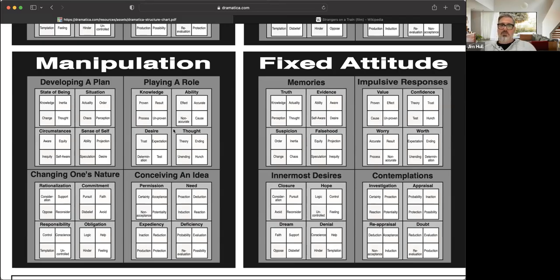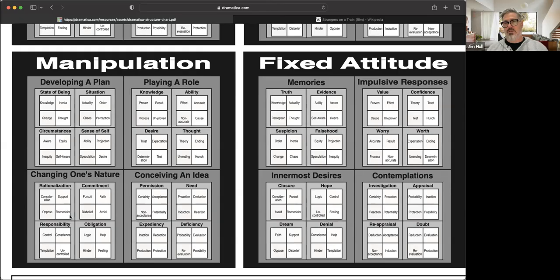How about for those who liked playing a role or being as the objective story? How do you see that as being what is going on, as far as how things are resolved through being? Okay, we'll come back to that one. How about changing one's nature?